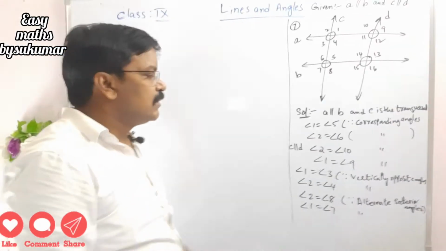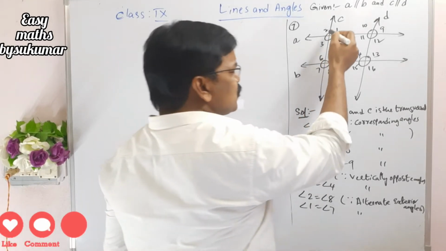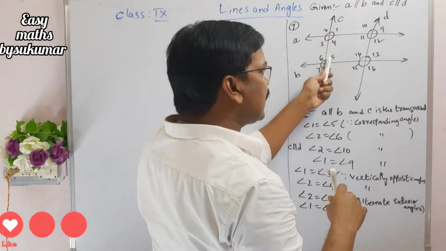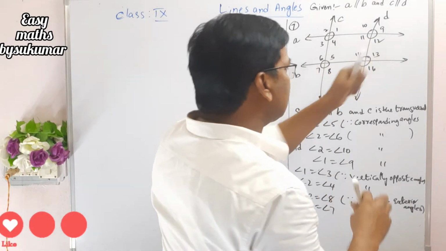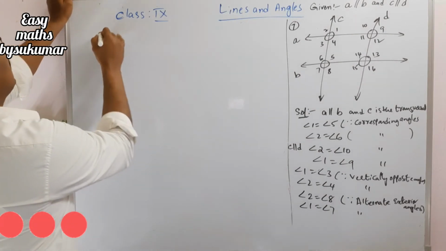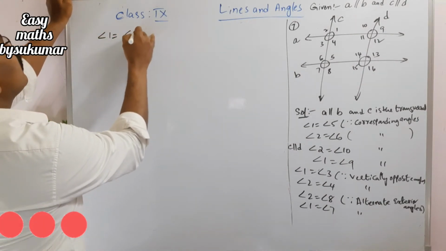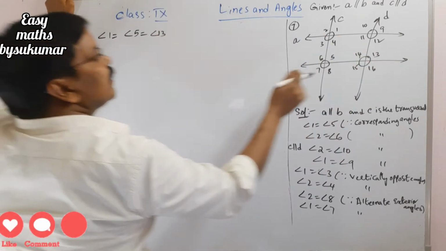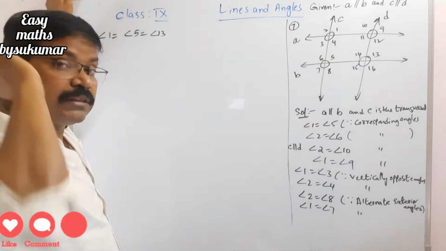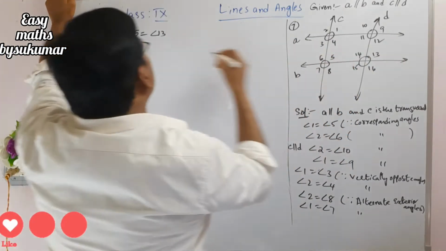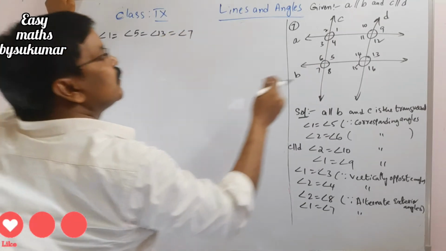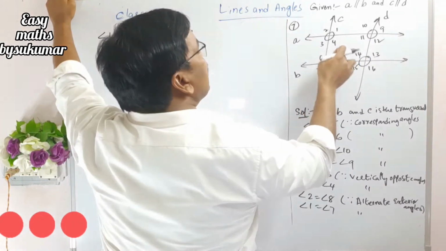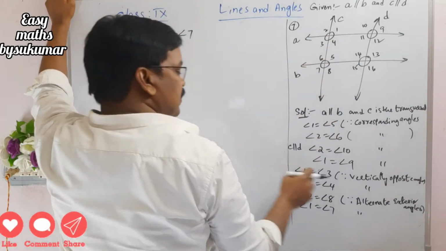See, here angle 1 is equal to angle 5, but angle 5 is equal to angle 13. Why are angle 5 and angle 13 equal? They are corresponding angles. And again, angle 5 is equal to angle 7, vertically opposite angles. And angle 5 and angle 3 are also equal. Already we have written that here.